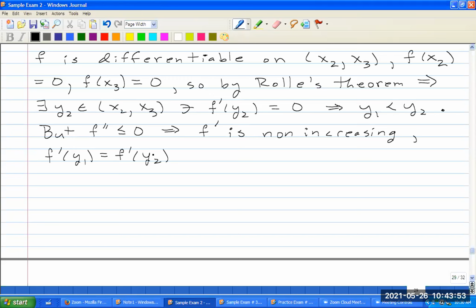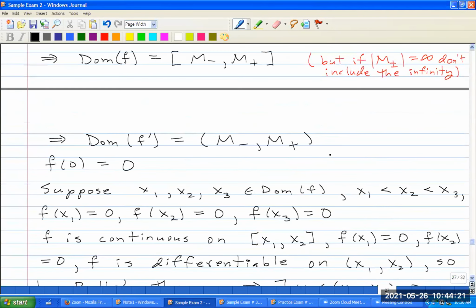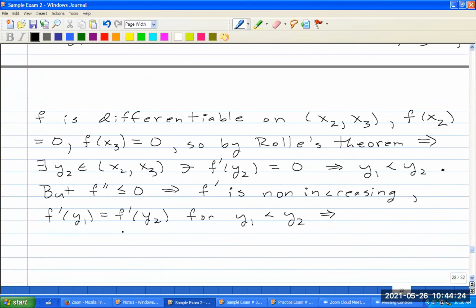You have something that's getting smaller and smaller, but it's equal to the same thing at 2 points for y1 being less than y2. Well, the only way that this can occur is that if this function here is constant. So that says that f must be constant.